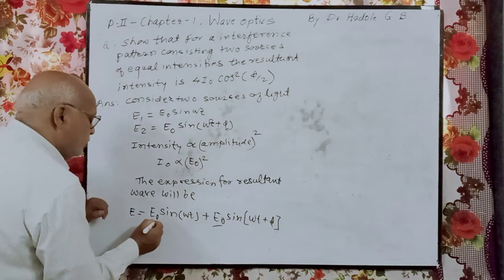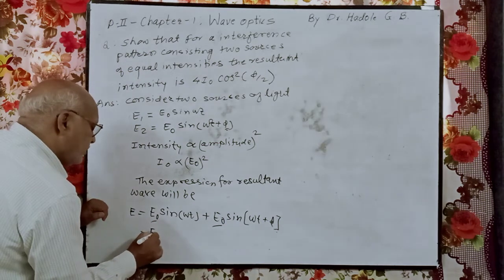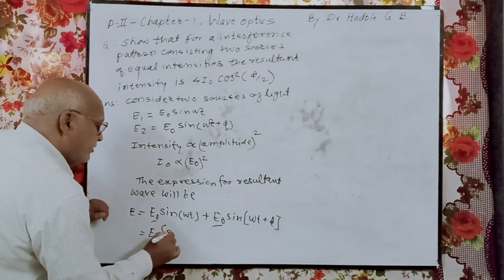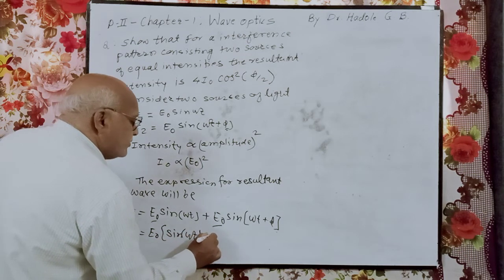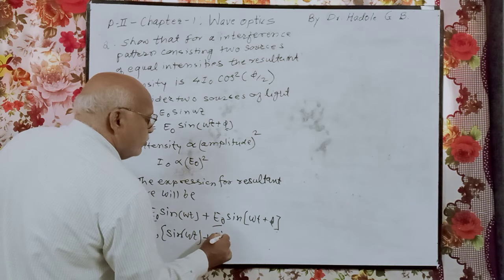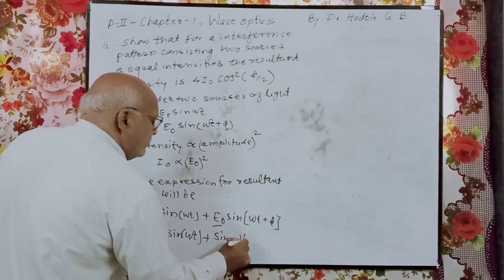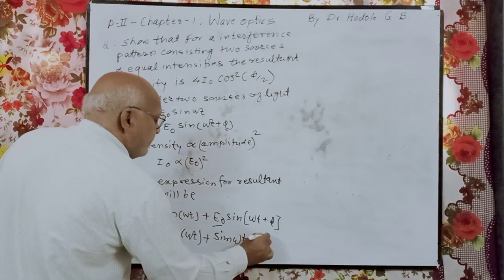Now here E0 is common. E0 in bracket sine omega t plus sine omega t plus phi.